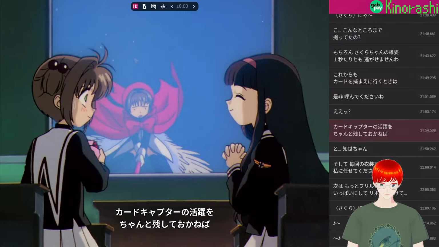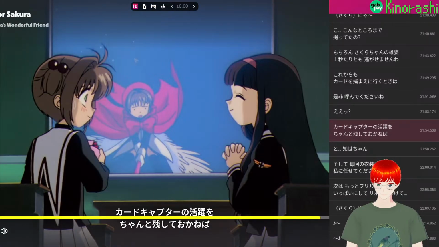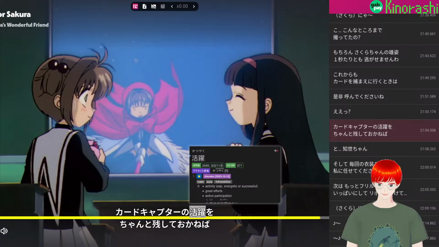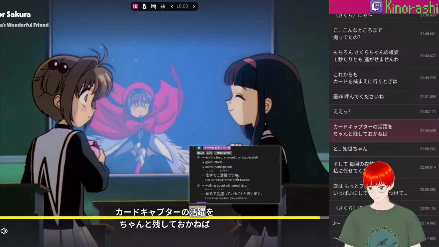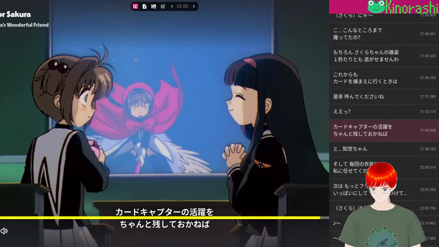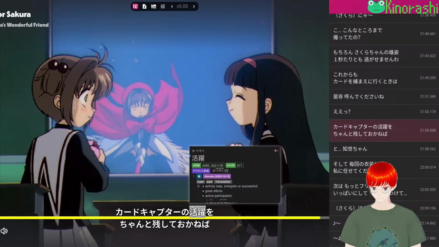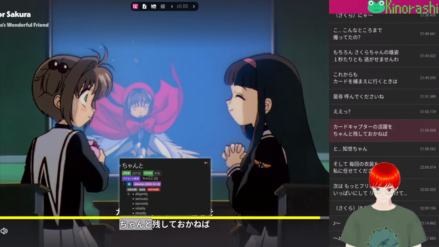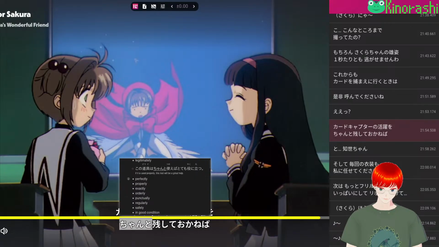Card captor no katsuyaku, activity, katsuyaku. It's a pseudo verb or pseudo noun, I should say. So katsuyaku o chanto, properly, earnestly, reliably, diligently, perfectly.